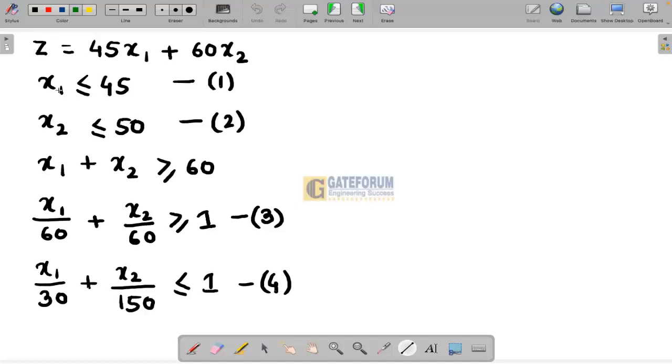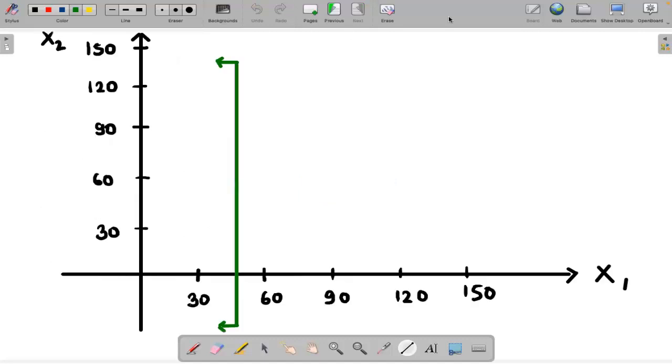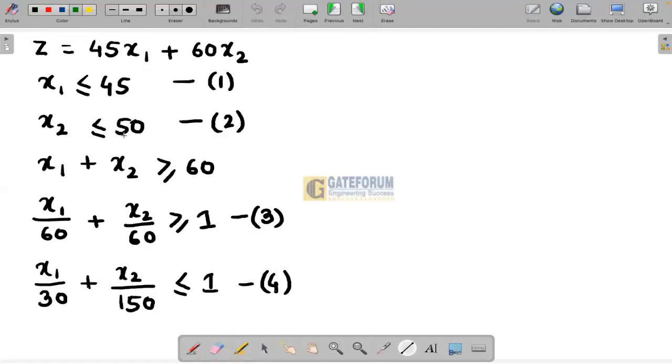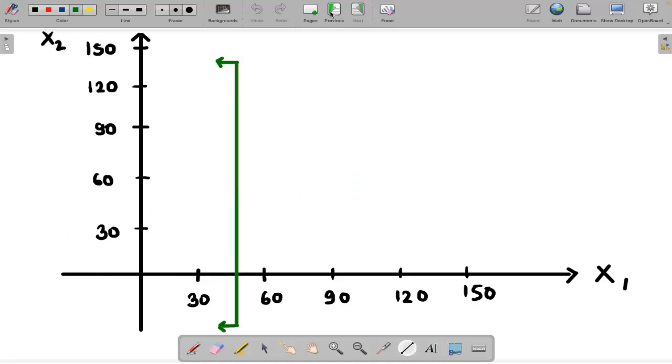If you put the value 0, 0 is less than 45, so the origin satisfies it. Check by putting the origin: it satisfies, so this side is the origin side. Now the next constraint is X2 equals 50, and since it is less than, 50 will be here, and it is also like this.